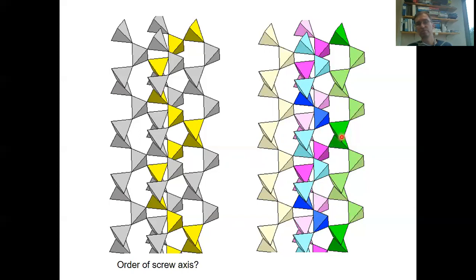So you can see that you can produce this tetrahedron here just by shifting that tetrahedron here into that direction. Okay, and then your screw axis is complete. All right. So from that you can see that with the help of symmetry relations, you can rationalize crystal structures pretty well, even relatively complex ones like the quartz structure. And you will learn a lot more about this throughout the course.